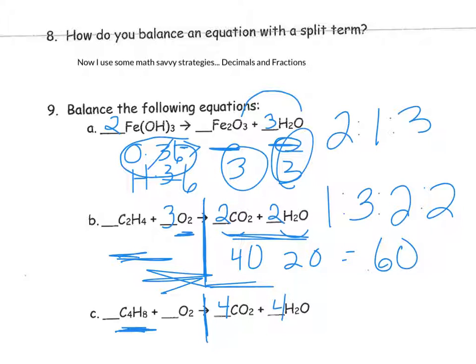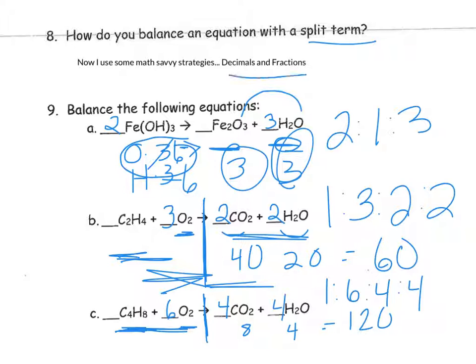Over here I have 4 times 2, that's 8 oxygens, and then that's 4. So 4 plus 8 is now I have 12 oxygens. And if I look over here, I need to make that a 12, so I'm going to put a 6. So I have a 1 to 6 to 4 to 4 ratio on this split term.